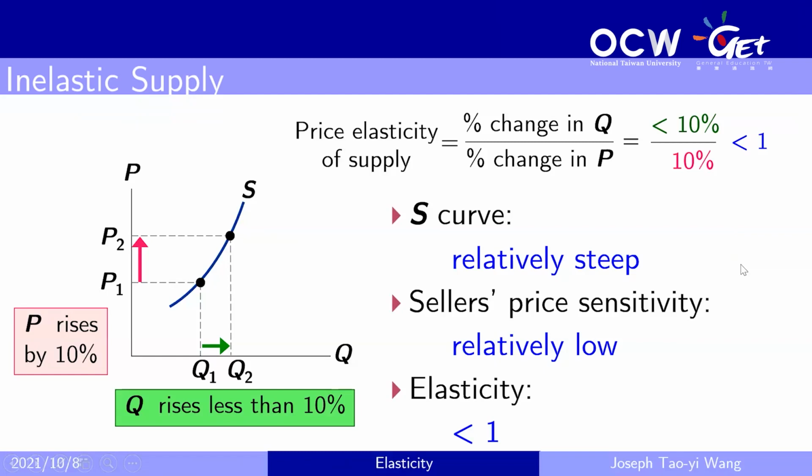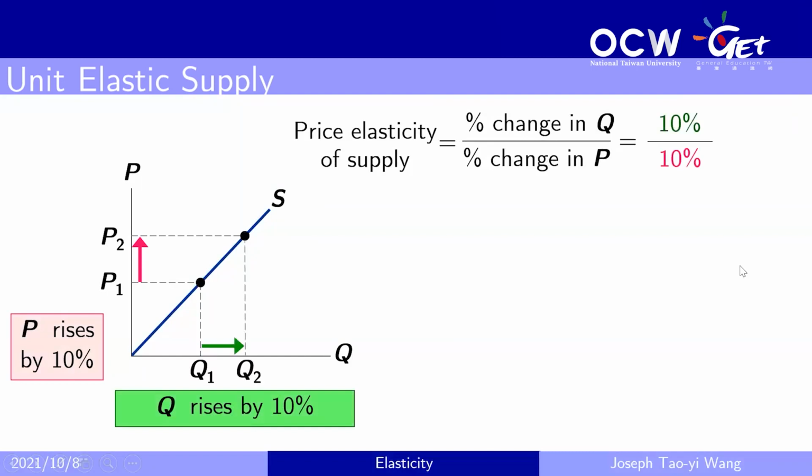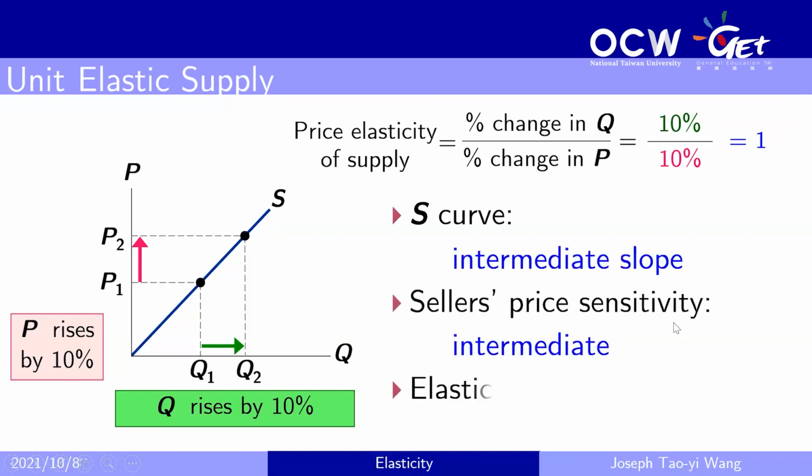Sellers are not very sensitive to prices. If you have unit elastic supply, when your price goes up by 10%, your quantity supplied goes up by 10% as well. So your price elasticity of supply is 1. You have this unit slope, intermediate sensitivity to prices.